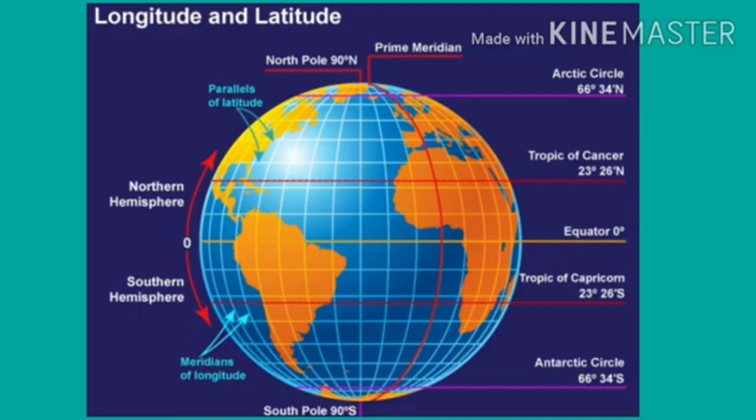So, it is 23.5 degree north. Then Tropic of Capricorn. Children, what is the degree of Tropic of Capricorn? Yes, 23.5 degree south. Then Arctic Circle, 66.5 degree north, and Antarctic Circle, 66.5 degree south.